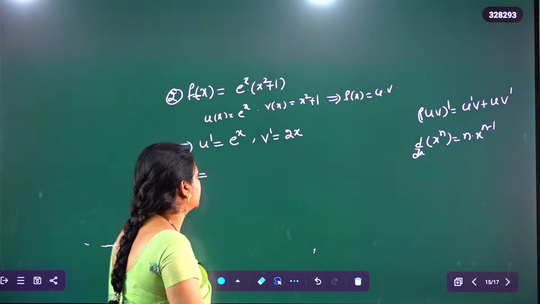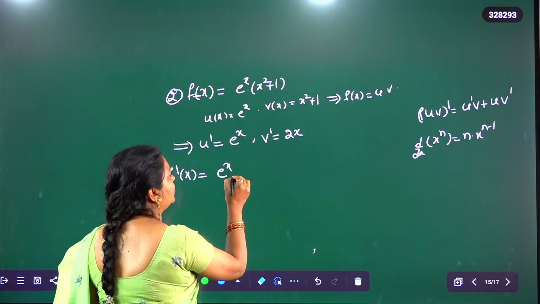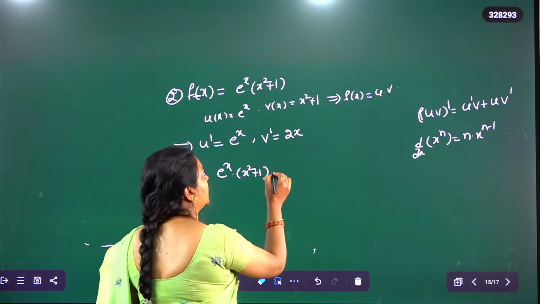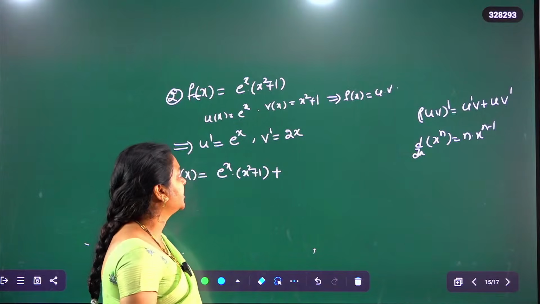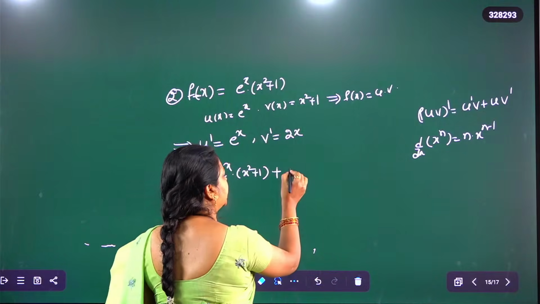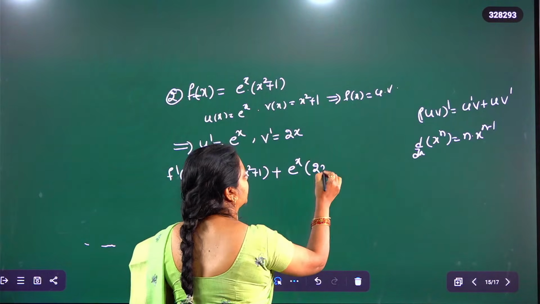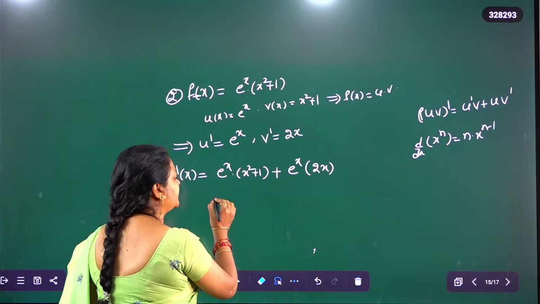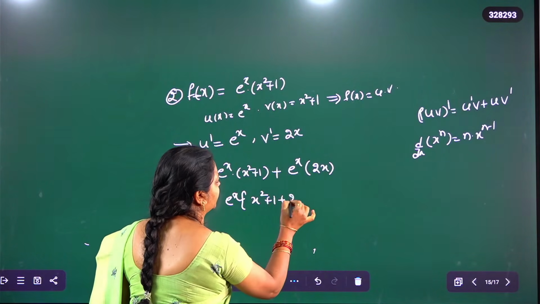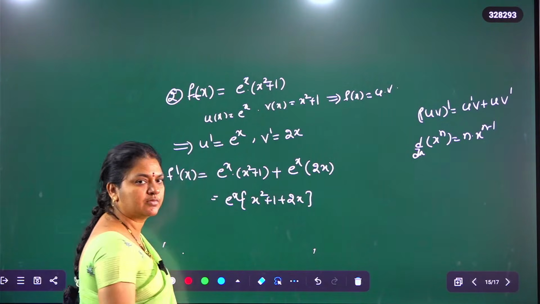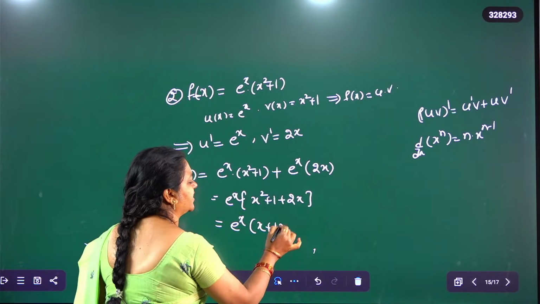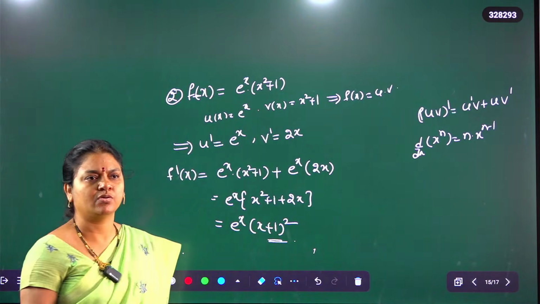U dash means e power x into v, that is x square plus 1, plus uv dash, where u is e power x and v dash is 2x. By taking e power x common, here x square plus 1 plus 2x, isn't it? Right? Simply we can write e power x into, this is nothing but a plus b whole square, so x plus 1 whole square.